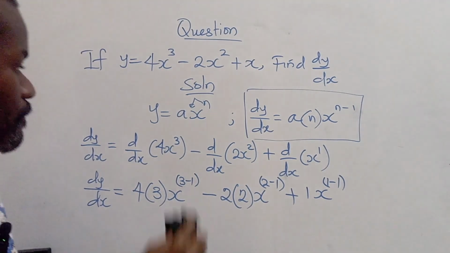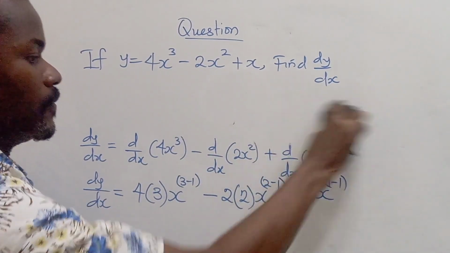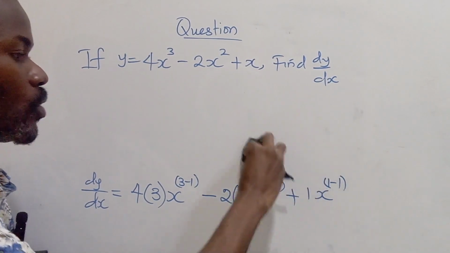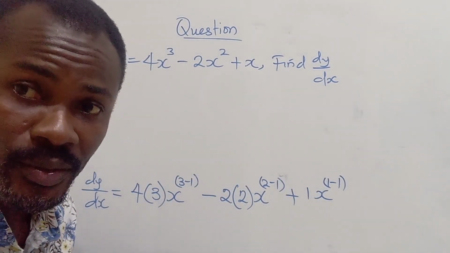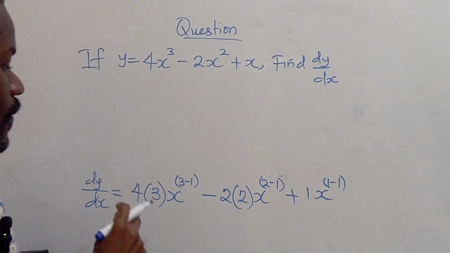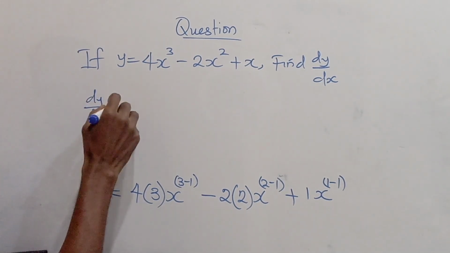So from this, we have just 1 or 2 steps, and we'll get to our final answer to this problem. So for this part, I have my dy over dx.